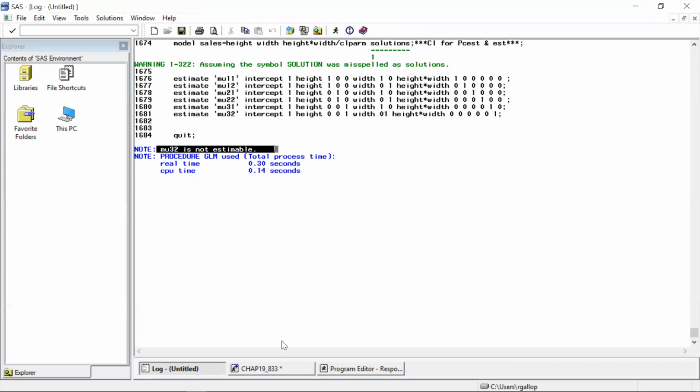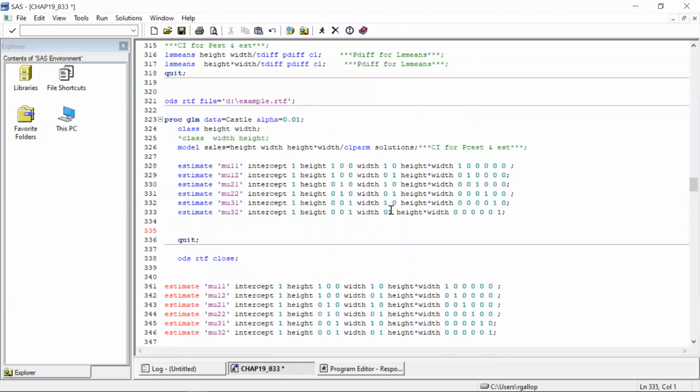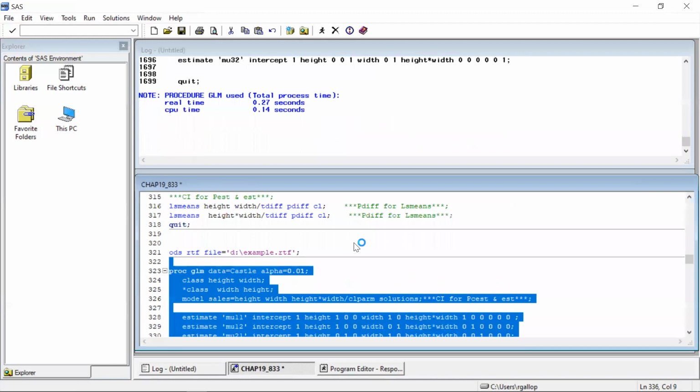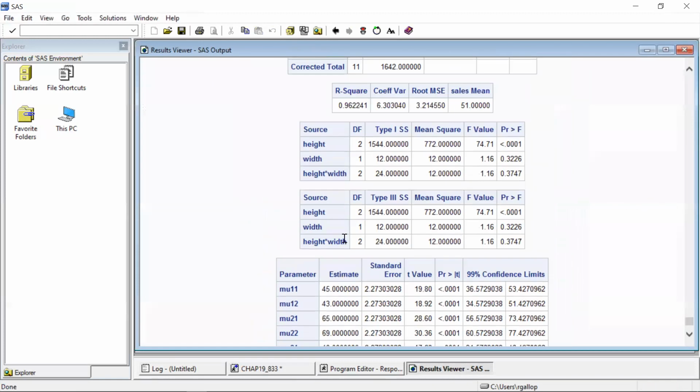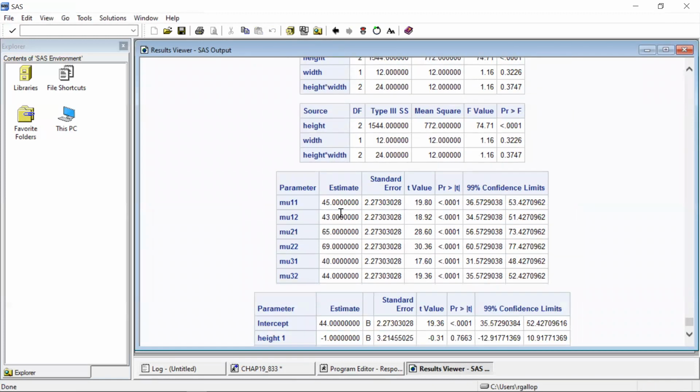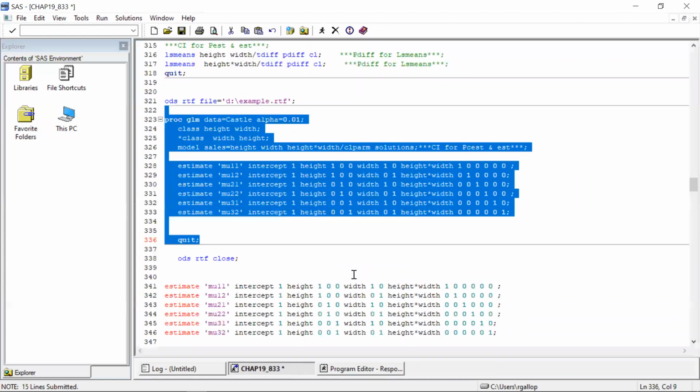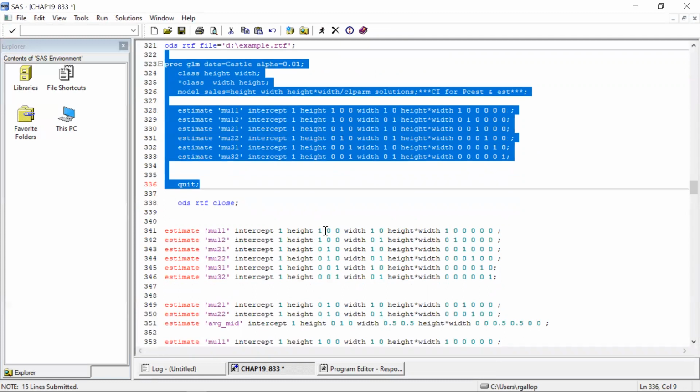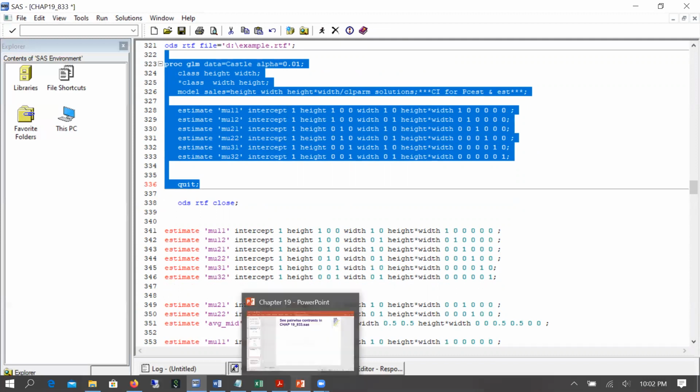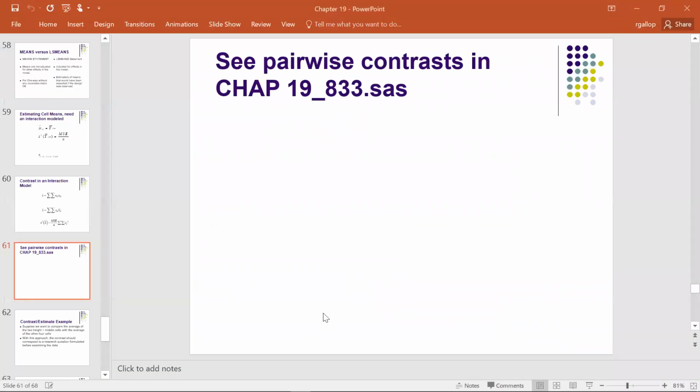And if you guys saw with the syntax, what is wrong with the statement is I had the 0, 1 together. When I put the space between them, that one becomes correctly estimable. So again, our cell means were 45, 43, 65, 69, 40, 44, which we replicate here. So once we have those cell means, then any kind of contrast we want to do, we can attack. So kind of just exactly what we're having there.